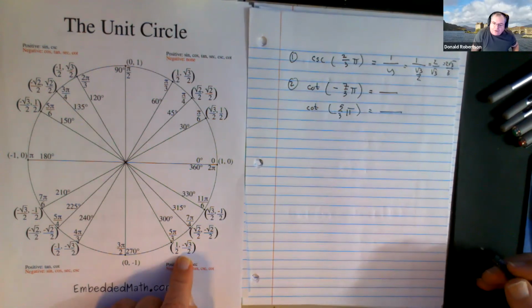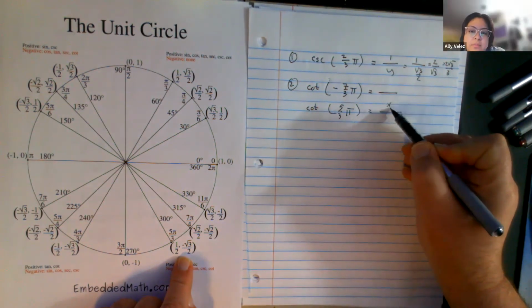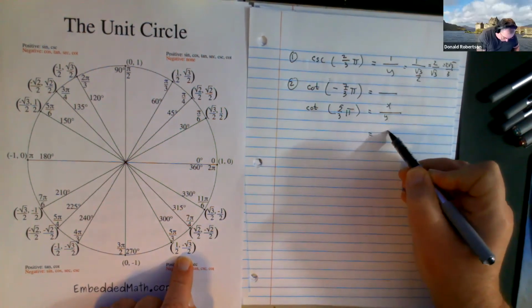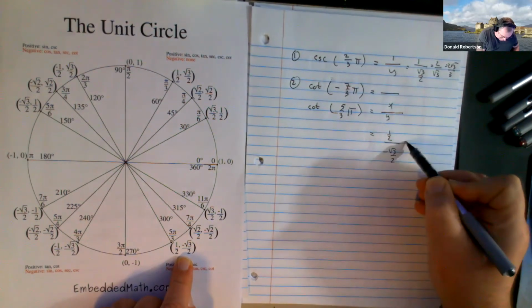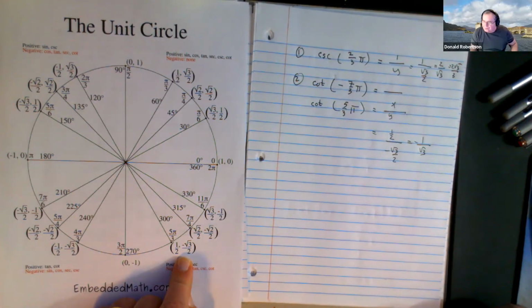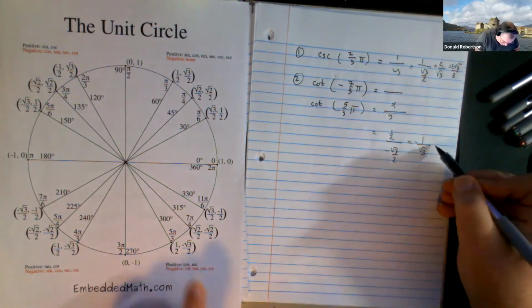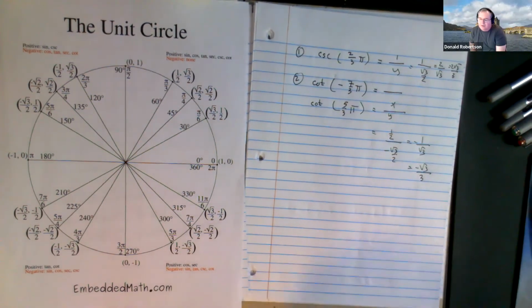What is the formula for a cotangent in terms of x's and y's? X over Y. In this case, it's a half over that. Did you use the little trick that you can rub out the 2's? And then if you tidy it up by rationalizing the denominator, you would get that.